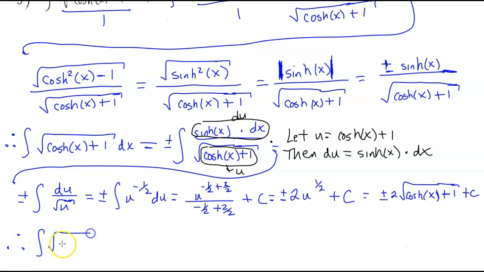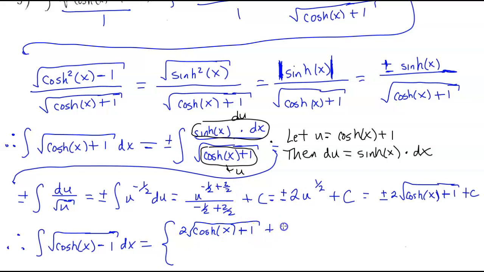So we're going to say that the most general antiderivative of this function here, we're going to make this piecewise, and so this will be a positive 2 square root of cosh of x plus 1 plus c, and this will happen when x is greater than or equal to 0, and it will be negative whenever x is less than 0, or whenever x is negative.